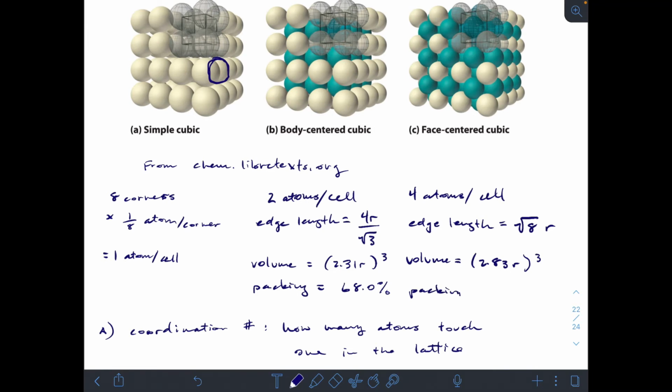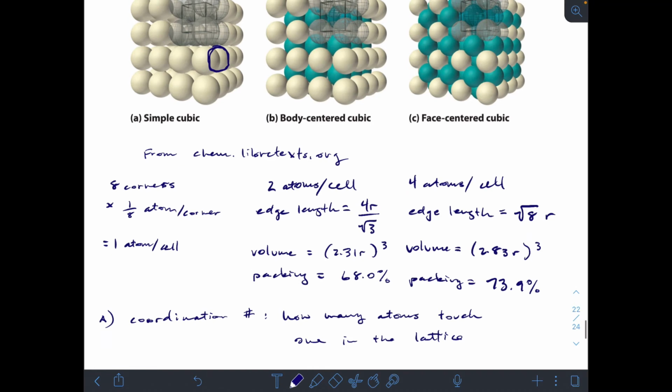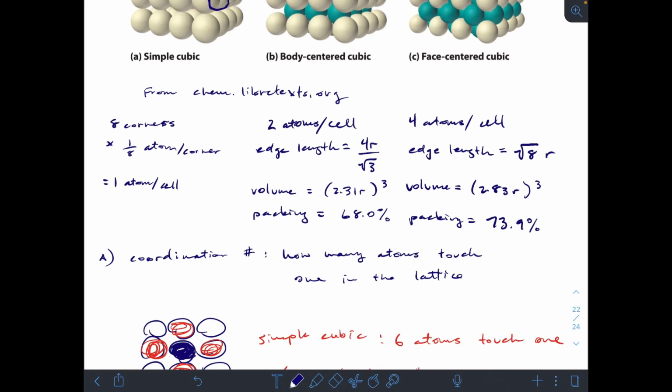And our packing efficiency is 73.9. Okay, so all of this information will be given to you on an exam.